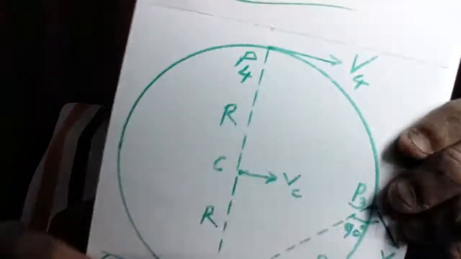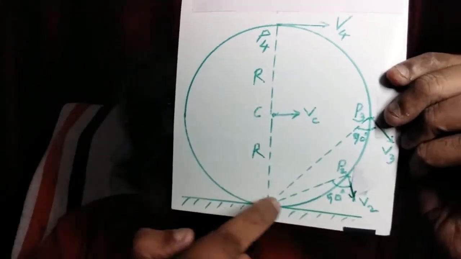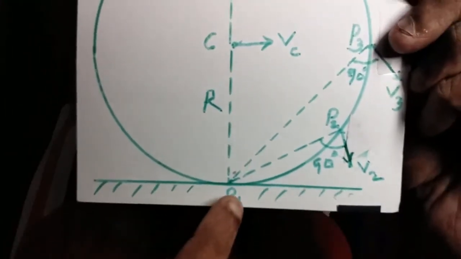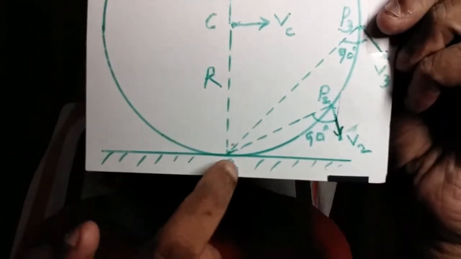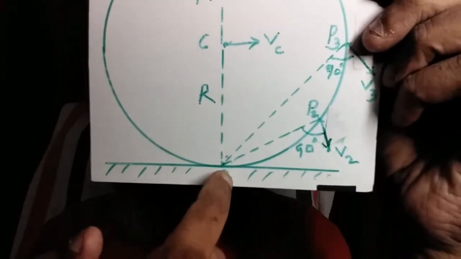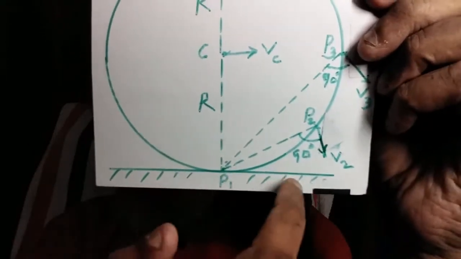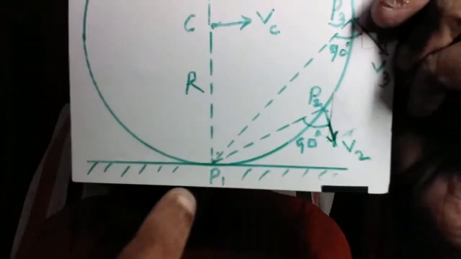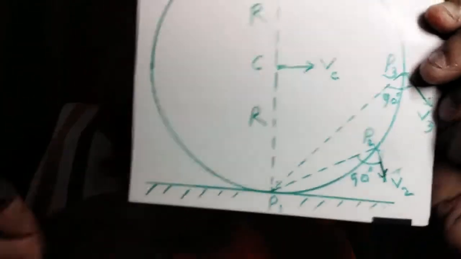Here you take up the rolling of a circular disk on a horizontal surface. At some point of time, the point P1 on the rim of the disk is in contact with the solid surface, or ground, or horizontal plane. And this P1 appears to be at rest for a moment.